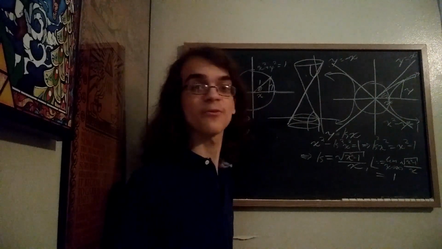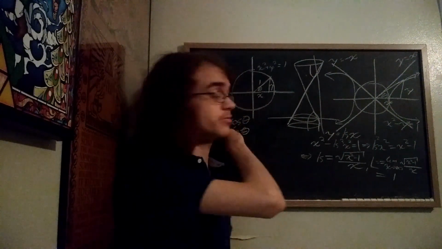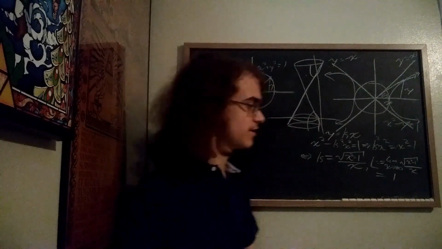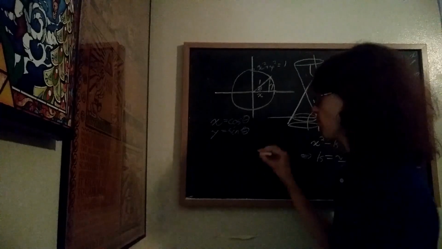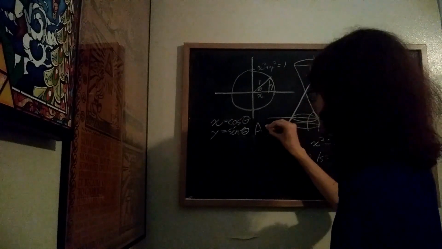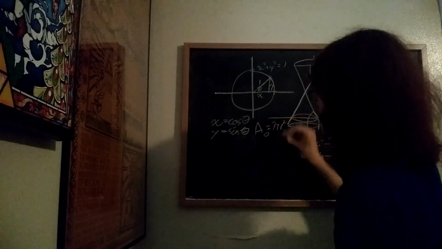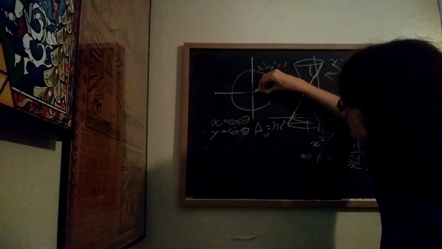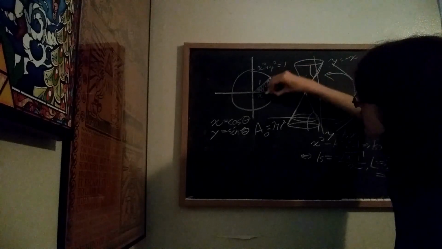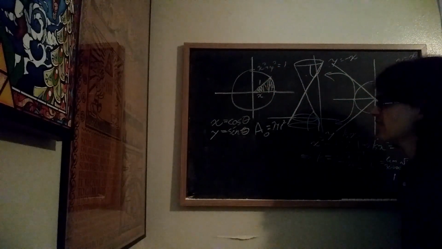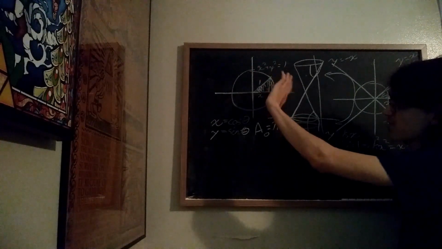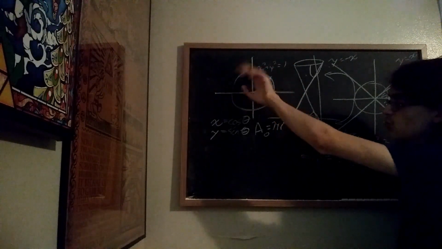So there's actually another input we can use for the circle besides theta, and it has to do with the sector area. If we consider the area of the whole circle to be pi r squared, and we would like to find, let's say, the sector area up here, what we'd have to do is find the ratio this theta makes with the whole 2 pi.